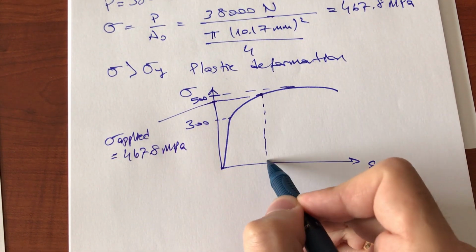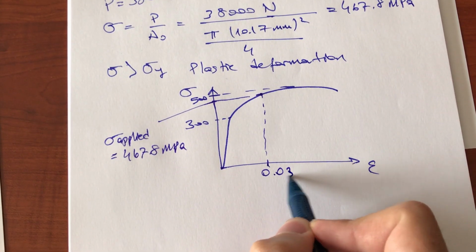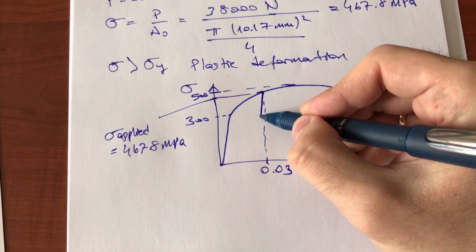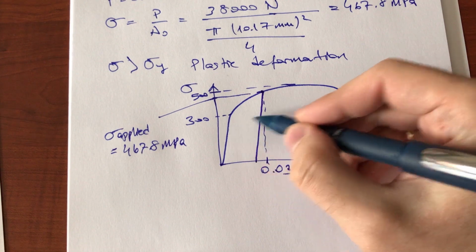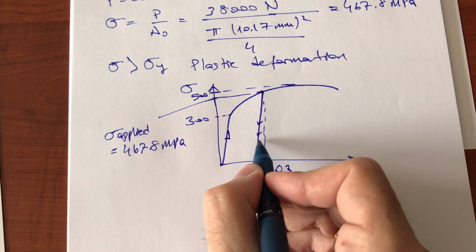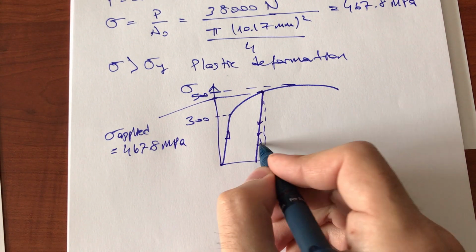And this is the total strain. So again, if you unload, it's going to be parallel to the linear portion with a slope of elastic modulus.